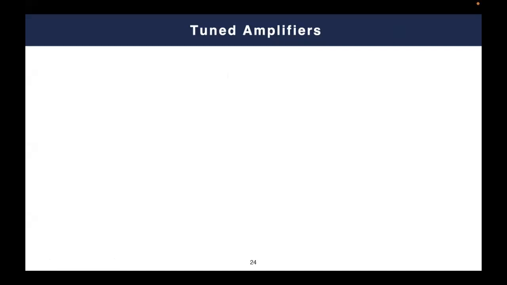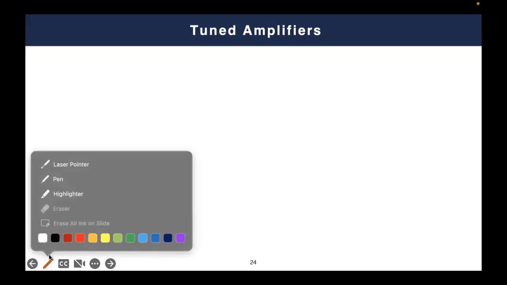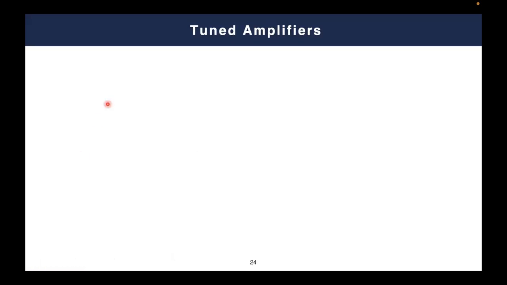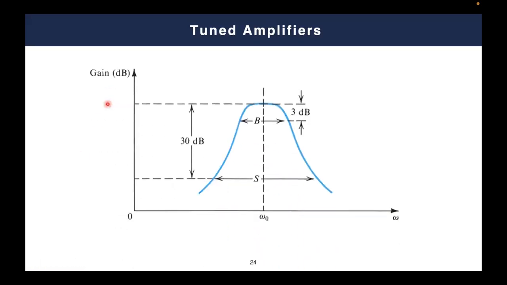It tunes a certain frequency, what we call the resonance frequency, to be highly amplified and rejects other frequencies. So generally, it's an amplifier with a frequency response having the shape of a bandpass filter that passes a certain frequency with some sort of bandwidth and rejects other frequencies.